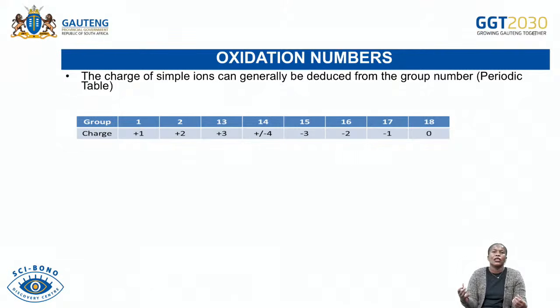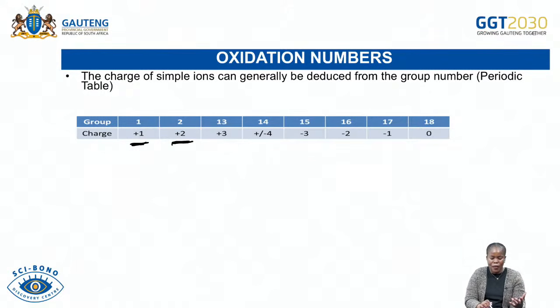The general charge of simple ions for group 1: those elements will carry a +1 charge. That means it is a cation. And then for group 2, they carry a +2 charge. That is still a cation because it is positively charged.